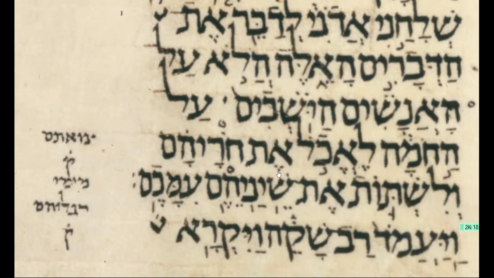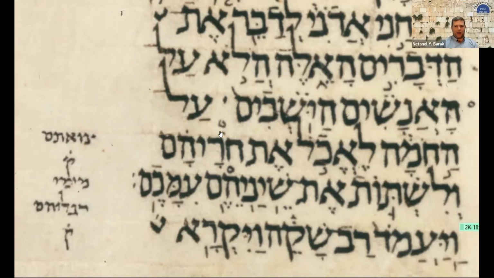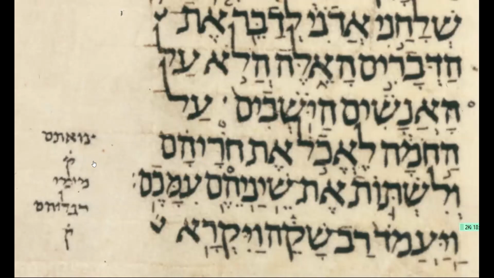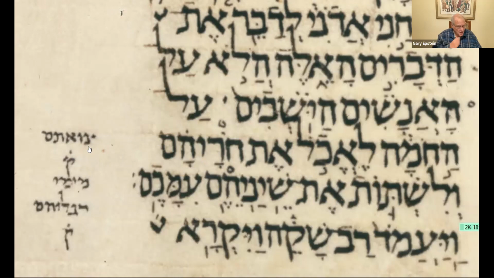Le'echol et horaycham. Do you see the circle here? It means that we read this. So if I'm reading the verse, al hachoma le'echol et tzo'atam, I'm taking the letters here, the tzadi, vav, aleph, tav, and mem, and I am applying the vowel pointing that we have here to the consonants here.